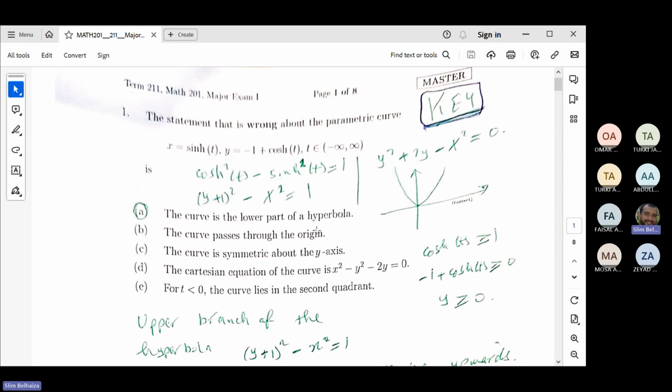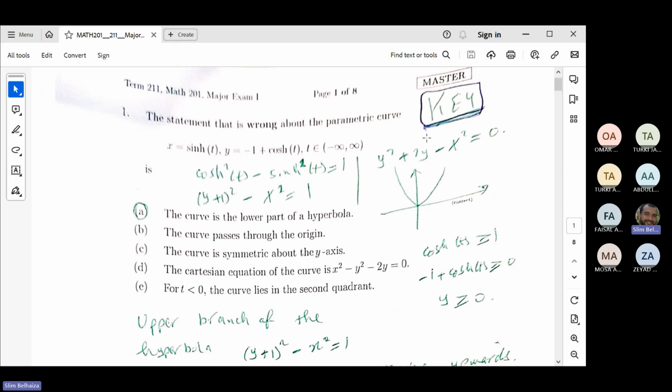Yeah, it goes through the origin, so that's correct. The curve is symmetric about the y-axis. That's correct. The Cartesian equation can be written x squared minus y squared plus dy. That's correct. And for t less than 0, the curve lies in the second quadrant. Yeah, in the second quadrant. So what is wrong is that the curve is a hyperbola.